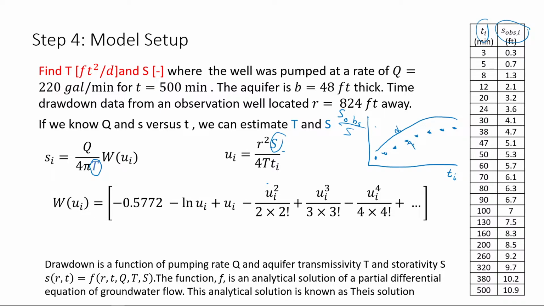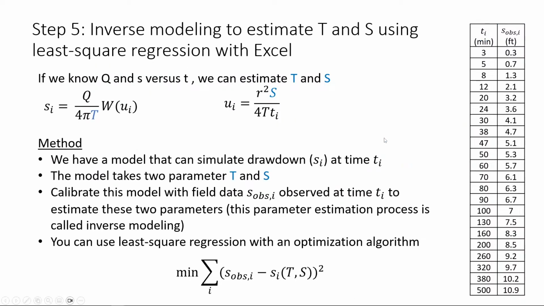But how would I know that the model is matching the observations? I can see it visually, but better than that, you can calculate your objective function. The objective function that I will use here is the sum of squared residuals.